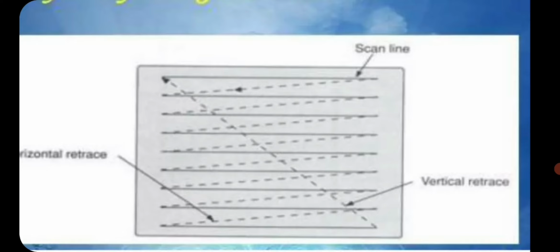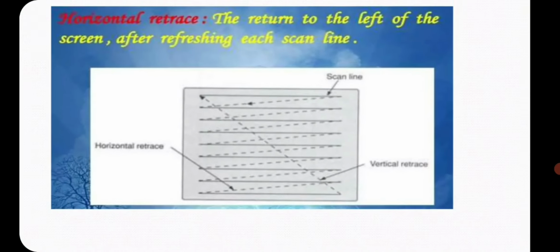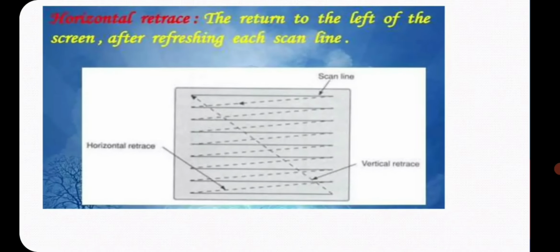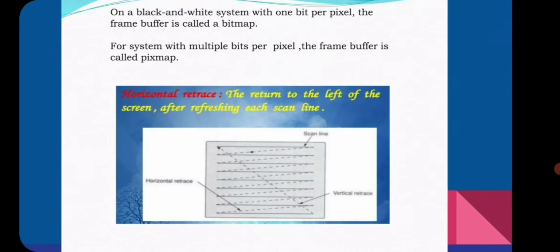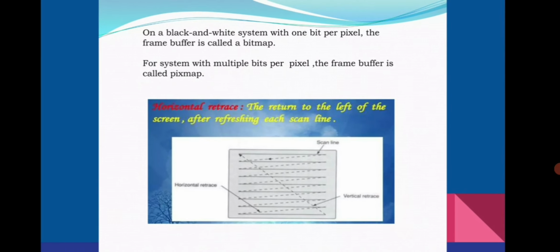And once the rows are completed, it again goes back in the vertical retrace, which is from top to bottom or bottom to top. That is the vertical retrace. So when it is retraced, whichever spots are left out will be illuminated. So this is the concept of retrace.